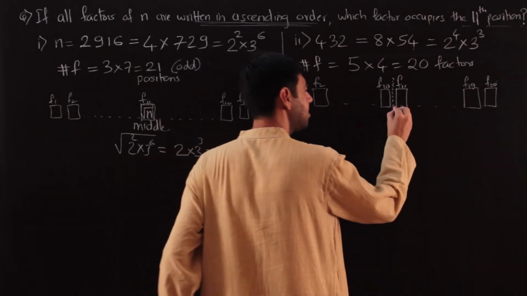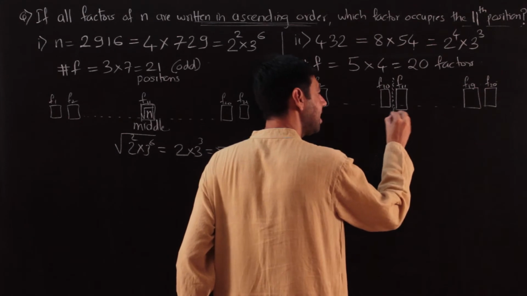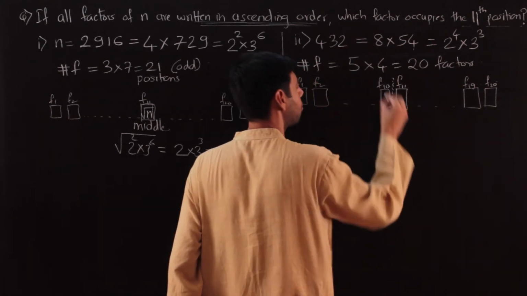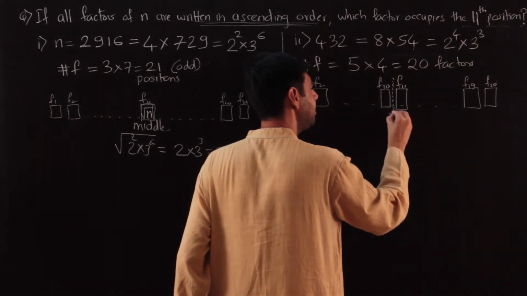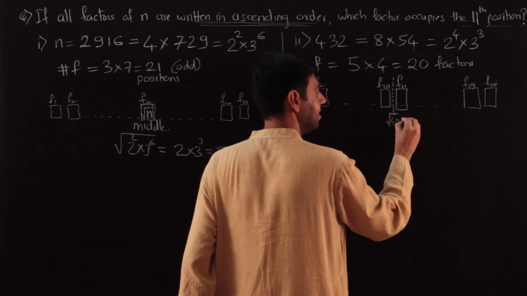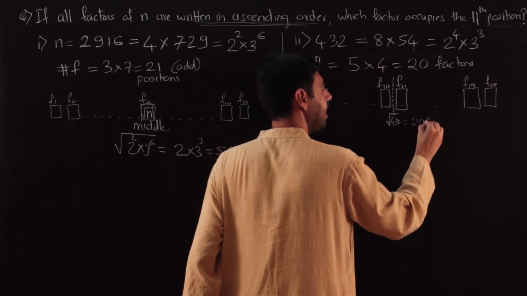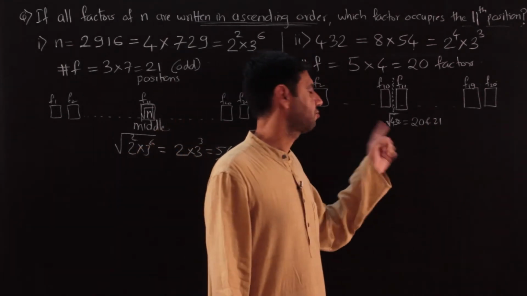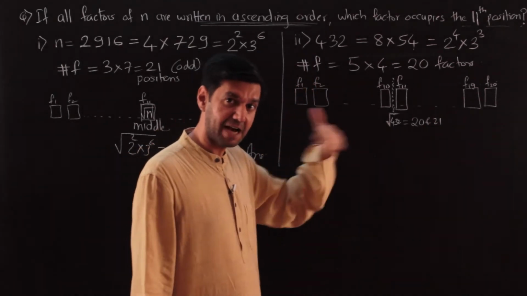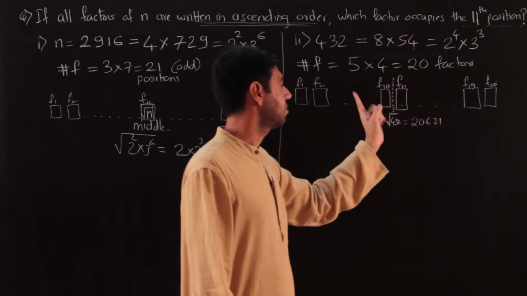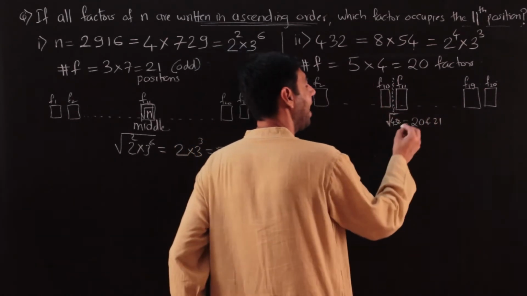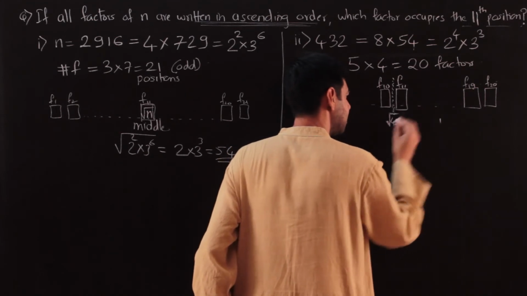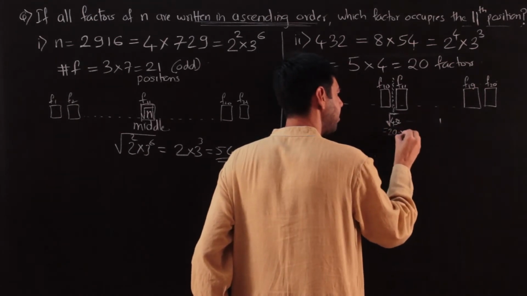But I know that this position is numerically equal to root of 432, which we know lies between 20 and 21. 20 squared is 400, 21 squared is 441. That's the part where I was racing ahead. So somewhere between, let me just say this is going to be 20 point something something.